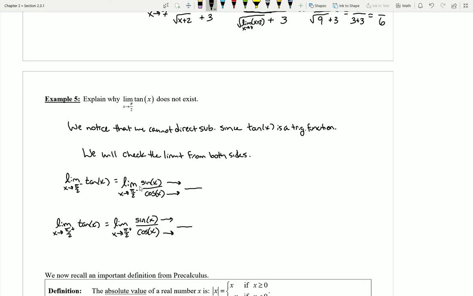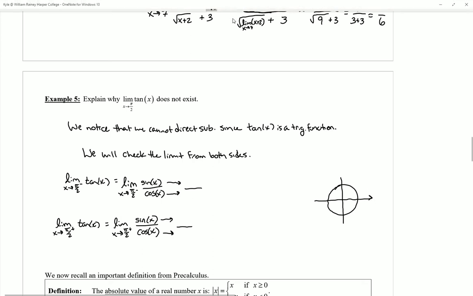So let's quickly think here. Sine, as the inside moves towards pi over 2. Well, if I think about what I know about the sine function, and about the unit circle, I know that in the unit circle, as I move towards pi over 2 from below, that would be like moving this way around the circle, moving towards the angle pi over 2.